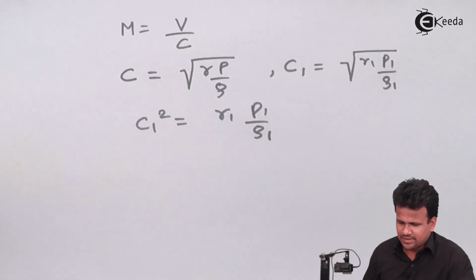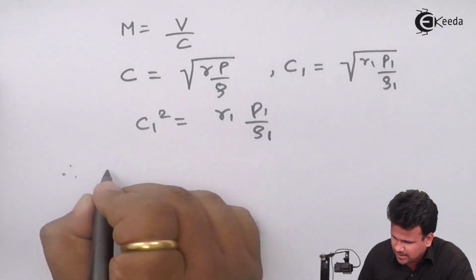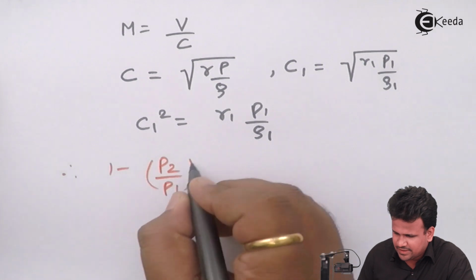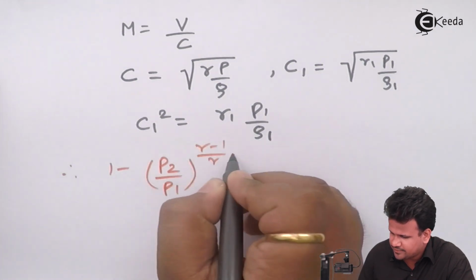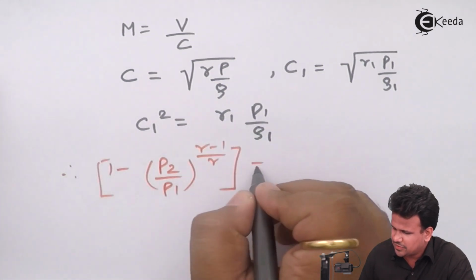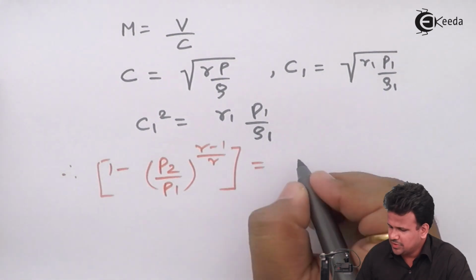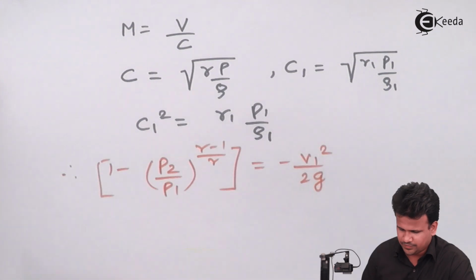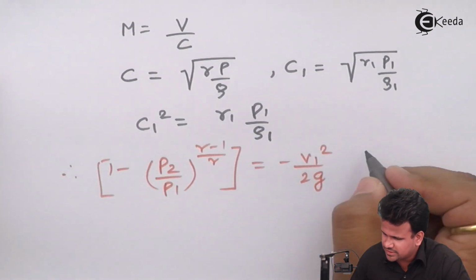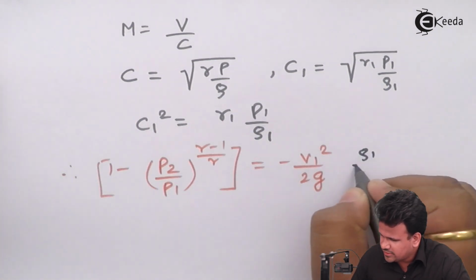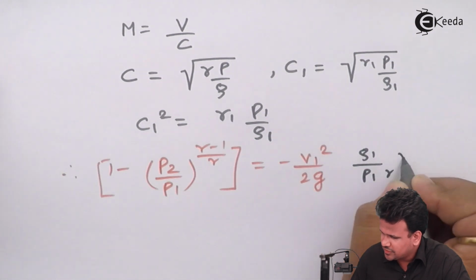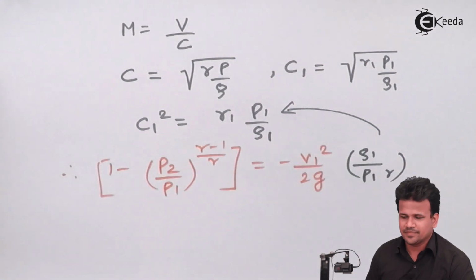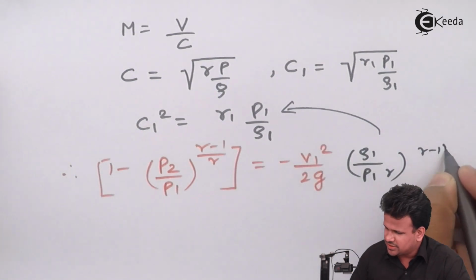So let us write this down. Therefore 1 minus P2 by P1 raised to gamma minus 1 upon gamma will be equal to minus of V1 square by 2g into rho 1 upon P1 into gamma minus 1, which in turn is C1 square.